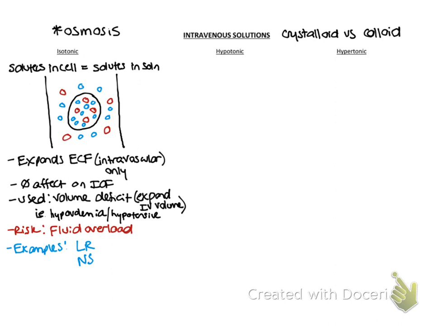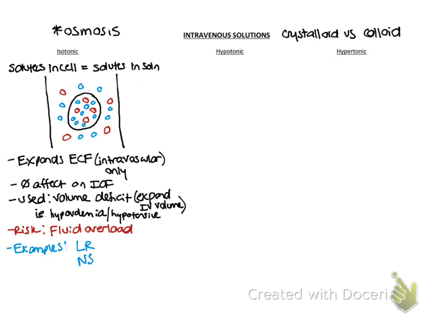So D5W is just 5% dextrose in water. It is isotonic in the bag, but once it gets into the body, the body uses up that dextrose, and then it just becomes water.